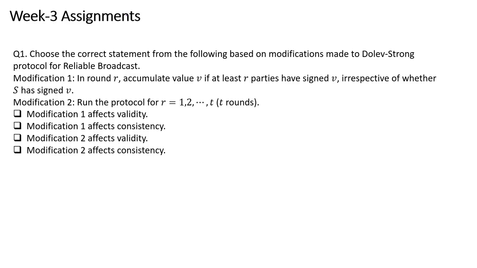Now we will take a look at the assignment question. The first question is, choose the correct statement from the following based on modifications made to the Dolev-Strong protocol for reliable broadcast.